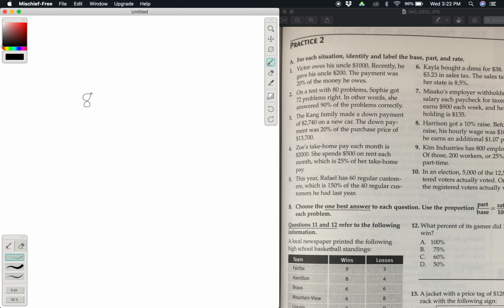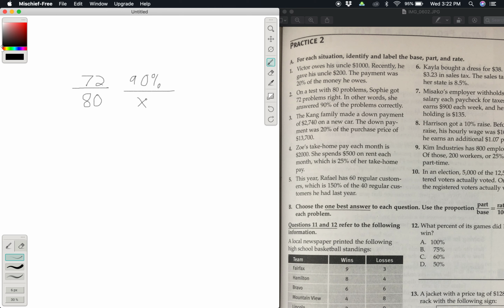That's the total amount. We couldn't have changed the amount of problems, but we could have changed the amount that got right or wrong. So 72 is part of the base here. Then the 90 is the rate. 90% is the rate.